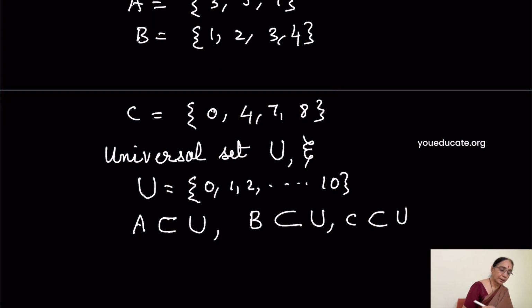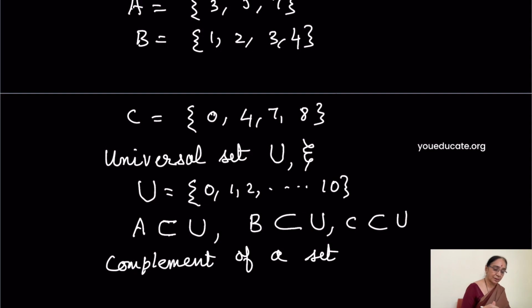Right? Now what is the complement of a set? The complement of a set is in relation to a universal set. That is, all the elements that are in the universal set but not in that particular set. When I say A with a dash over it, you can read it as A prime or A dash.